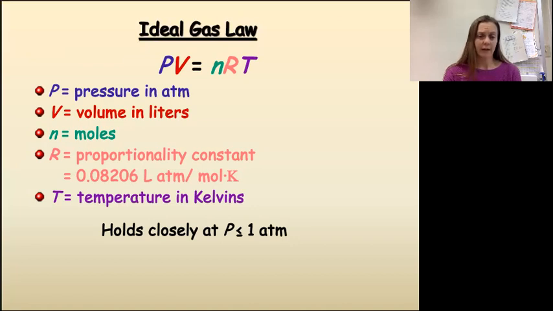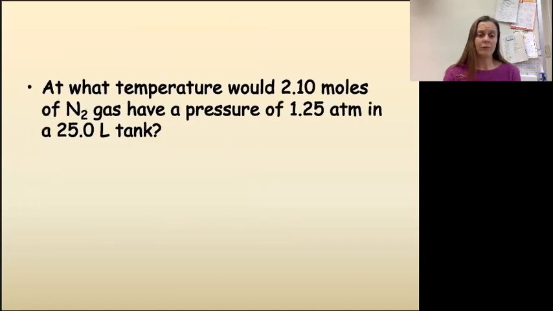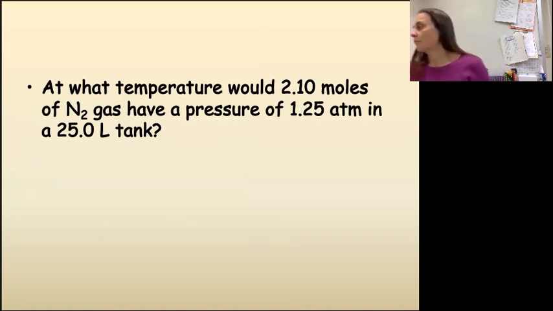So here's our example problem. At what temperature would 2.10 moles of N2 gas have a pressure of 1.25 atmospheres in a 25-liter tank? So we're going to just quickly work this out on the board behind us. So we have n equals 2.10 moles.